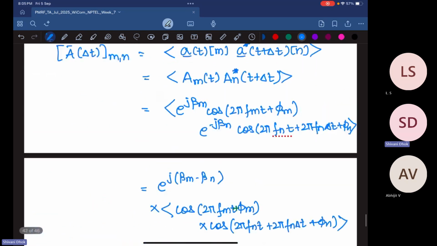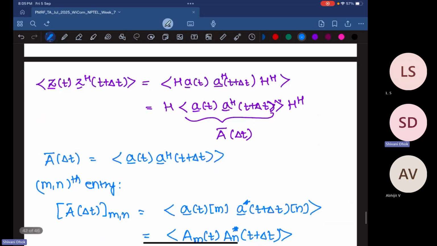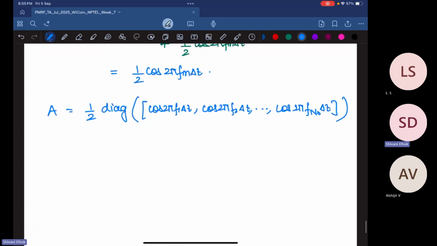Now if I substitute it back in this Hadamard matrix, that is the time average of z(t) into z Hermitian (t plus delta t), this comes out to be equal to h into a bar of delta t into h Hermitian.